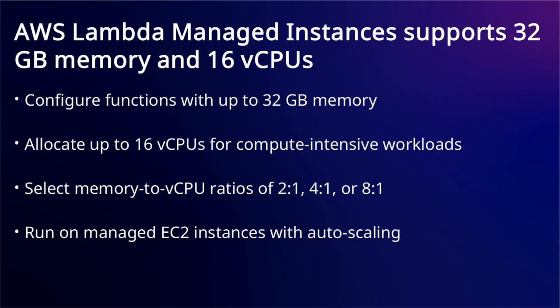These functions run on managed EC2 instances with built-in routing, load balancing, and auto-scaling, giving you access to specialized compute configurations without operational overhead. You can configure these settings using the AWS Console, CLI, CloudFormation, CDK, or SAM in all regions where Lambda Managed Instances is available.